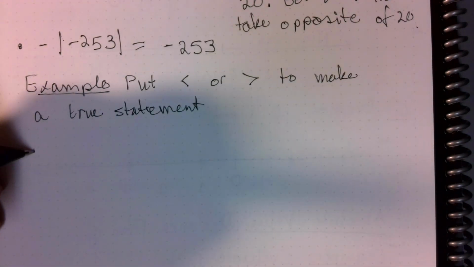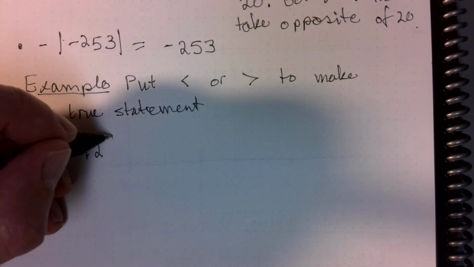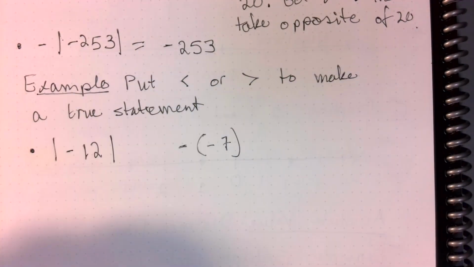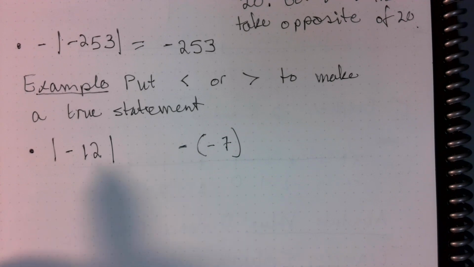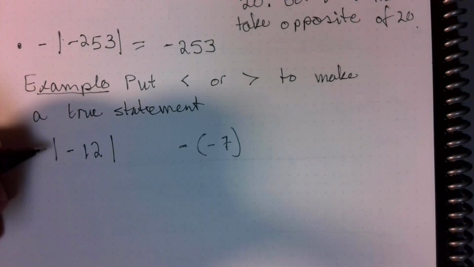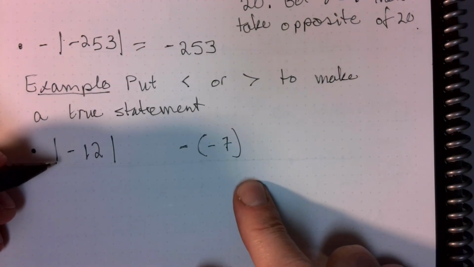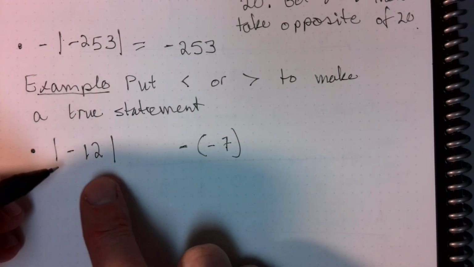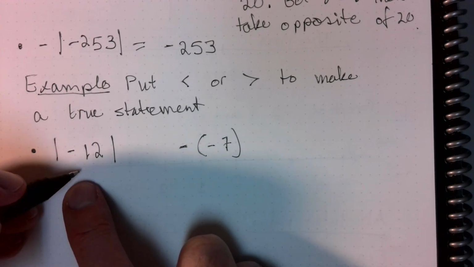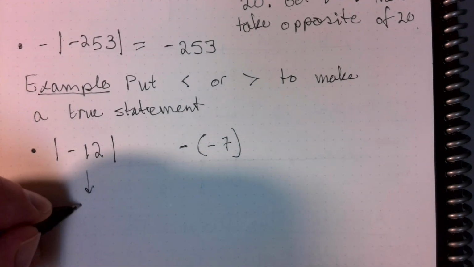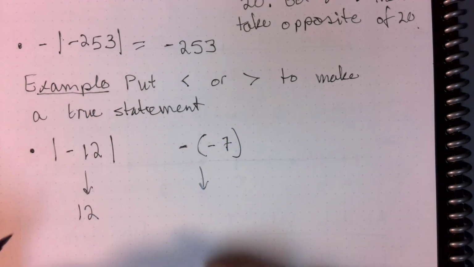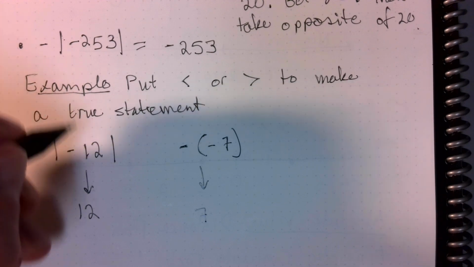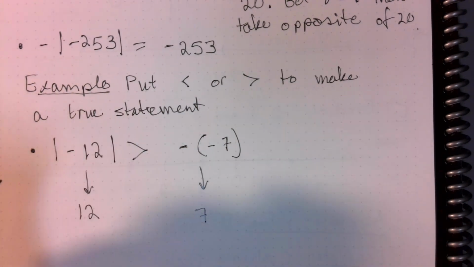Let's do absolute value of negative 12, and we're comparing that to the opposite of negative 7. Before we decide what we're going to put in the middle, we should simplify these expressions. We're taking the absolute value of negative 12, so this is a 12. And here we're taking the opposite of negative 7, which is positive 7, so we should put a greater than symbol right there.